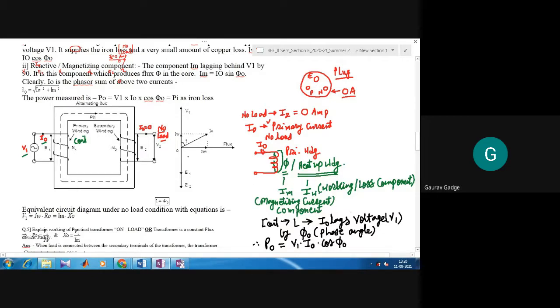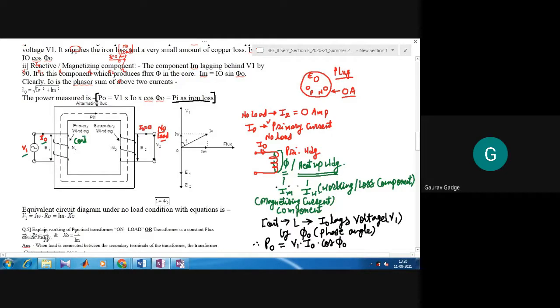Okay. So this P naught is equal to V1 I naught cos phi naught. And what is that power referred to as? That power is referred to as power loss, that is iron loss. Now, I already said there are two components.